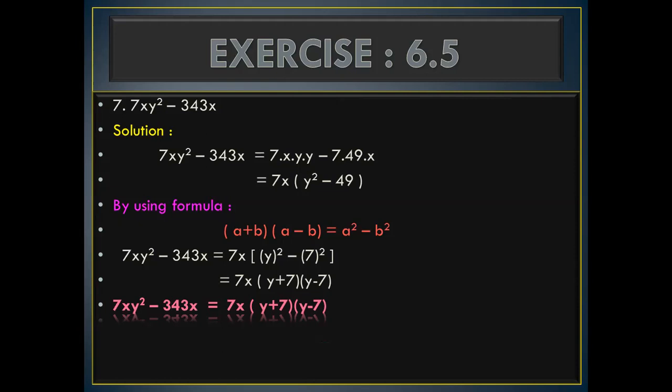According to our question, a is y and b is 7. a plus b into a minus b. Simply you put the values of a and b in the formula: y plus 7 and y minus 7. So the factors of 7xy square minus 343x are 7x, (y plus 7) and (y minus 7).